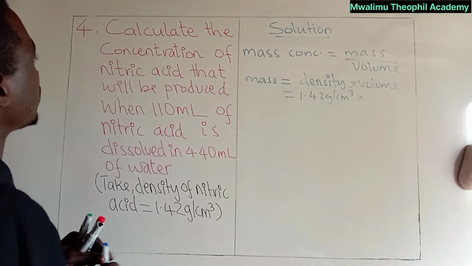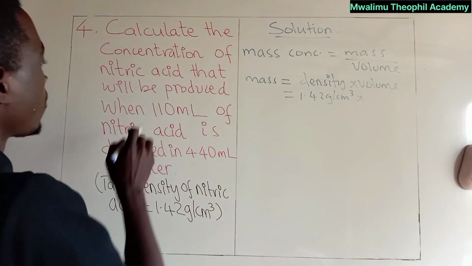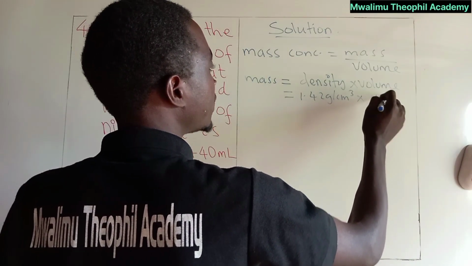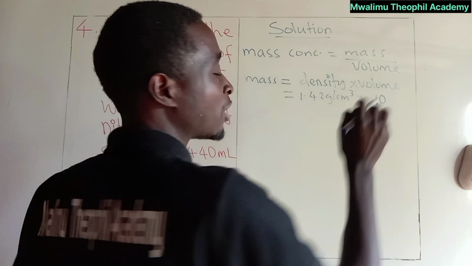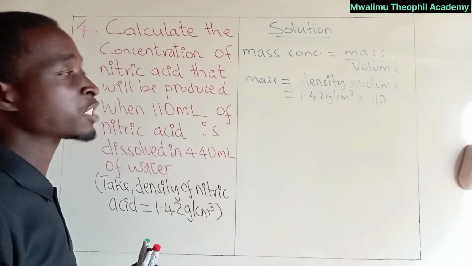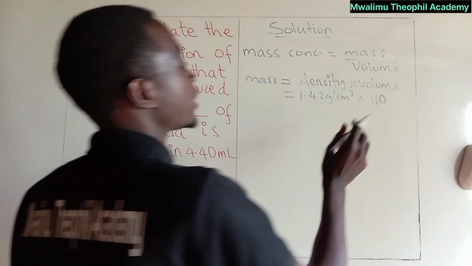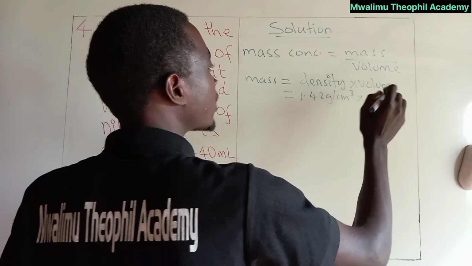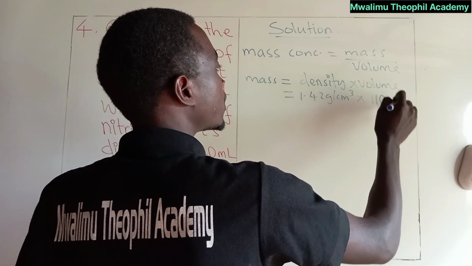The volume given of nitric acid is 110 milliliters. But you have to know that 1 milliliter is equal to 1 centimeter cubed. So writing milliliters is the same as writing centimeter cubed.